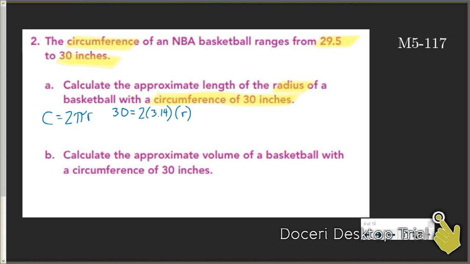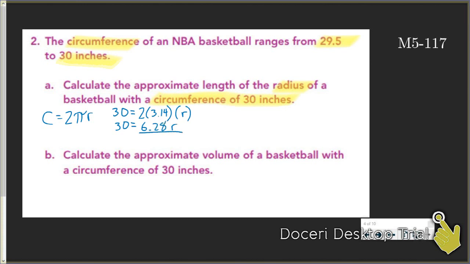Now, this is a problem where we're going to have to work backwards. So the formula is multiplication, so to work backwards, we know we use inverse operations, just like we're solving an equation, and we're going to have to divide. So we're going to end up taking 2 times pi, which is going to give us 30 equals 2 times 3 is going to give us 6. 2 times 14 is going to give us 28 times the radius.